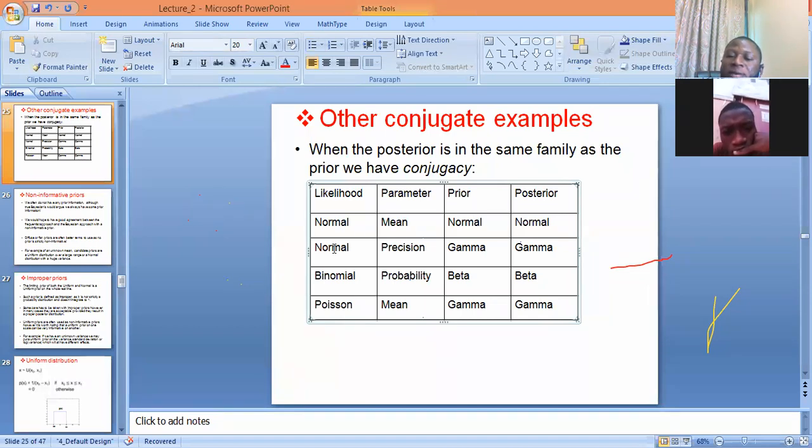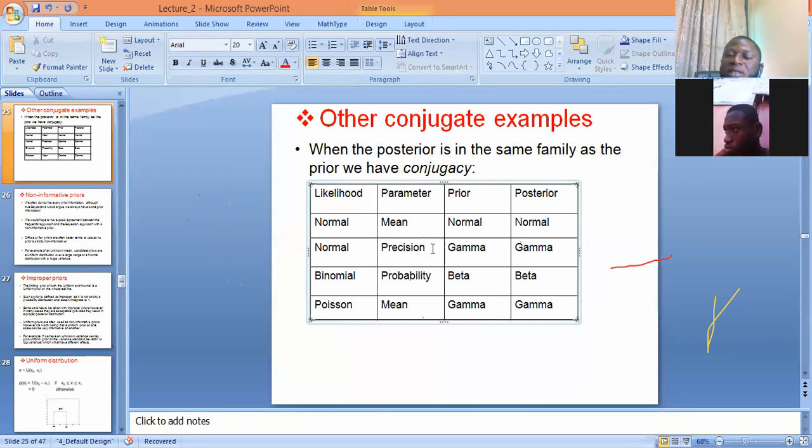Then under the normal distribution, if we consider the variance, or rather the precision, which is 1 over the variance, we assume that the prior distribution for the precision is gamma. Then we multiply the gamma distribution with the normal data likelihood, and we get a gamma posterior.